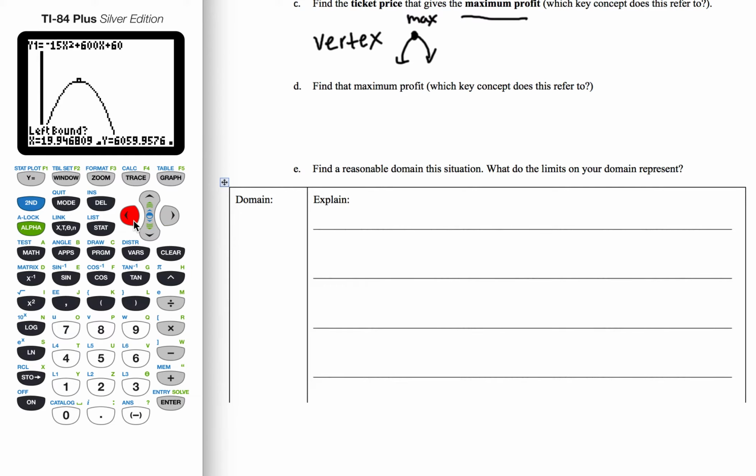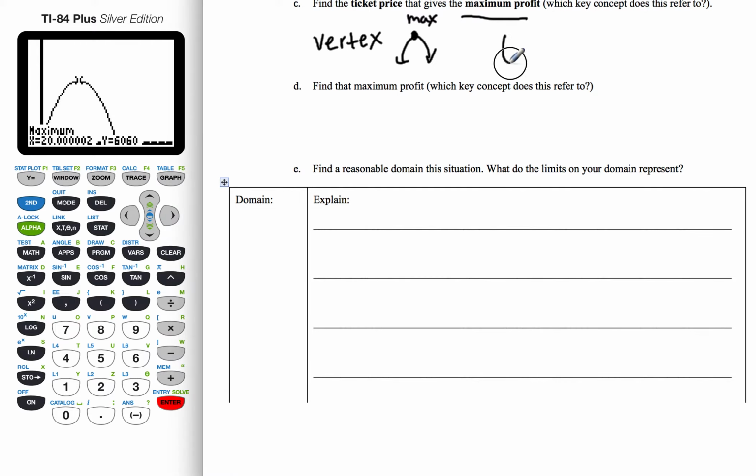Somewhere right here. So it's asking me for my left bound, so I go 1, 2 places to the left, hit enter, move back over, and my right bound, 1, 2 places. Of course, you can go more than 2, arrow left and right if you want to be sure, and hit guess, enter.